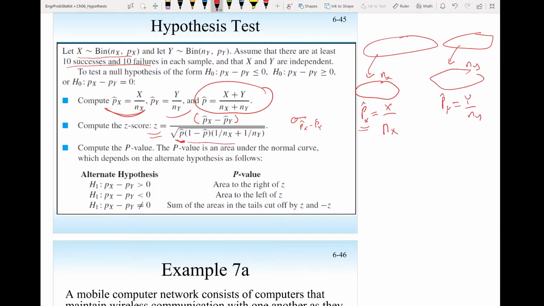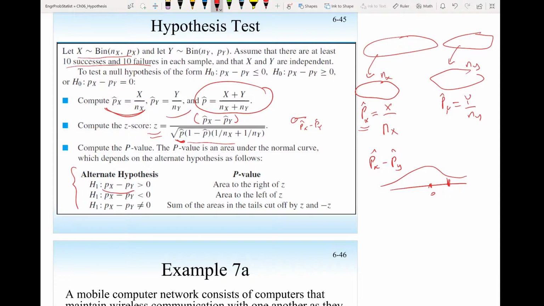And how we set the null hypothesis and the alternative hypothesis, we use the same rules we used earlier. We calculate Px minus Py, and this value could be either 0, a positive number, or a negative number. If Px minus Py is a positive number, so here is 0, it will be here.